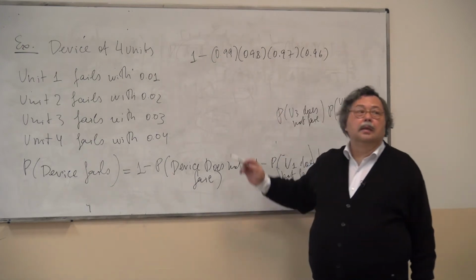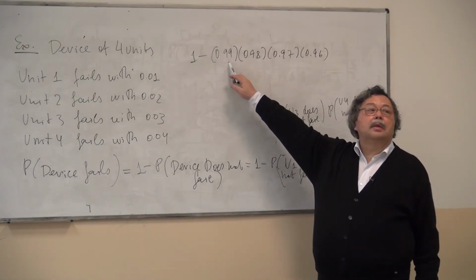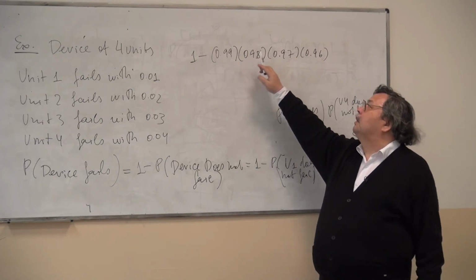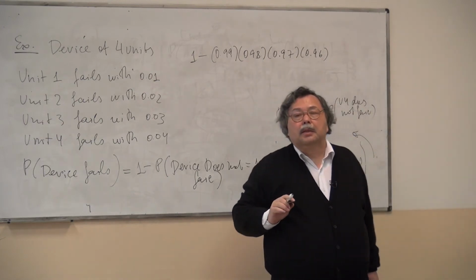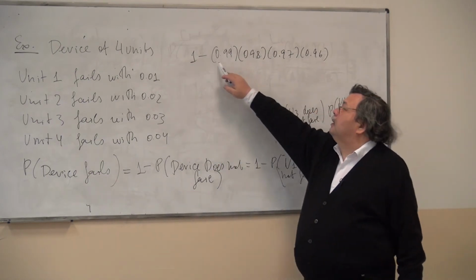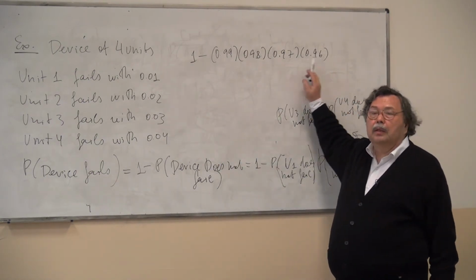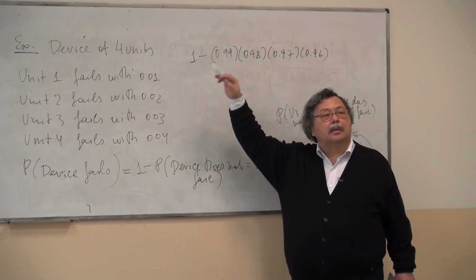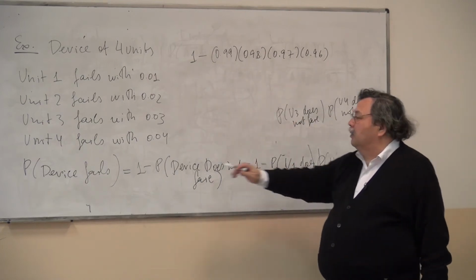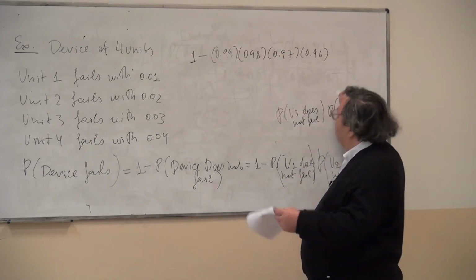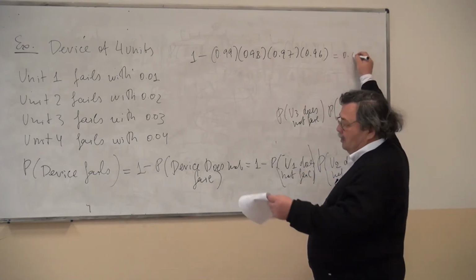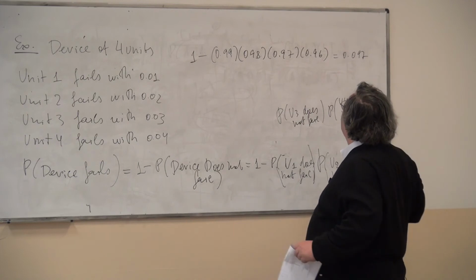So again, this is the probability that the first unit does not fail, the probability that the second unit does not fail, and multiplying them together, we get the probability that the whole device does not fail, and subtracting the result from 1, we get an answer to this question, that the device does fail. And it's going to be this.